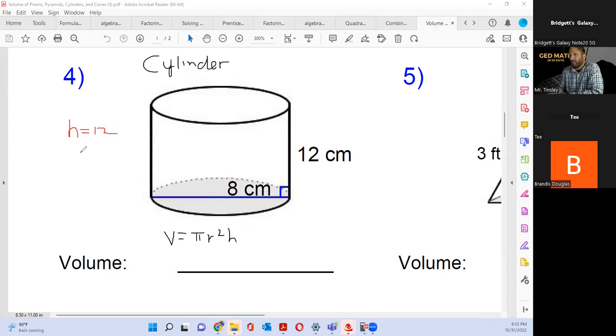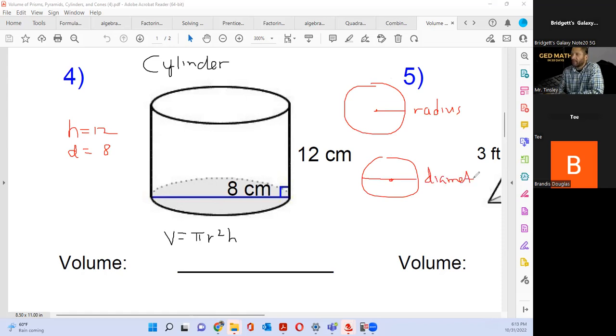That's the diameter. Right. So remember, on a circle, from the center to the edge is your radius. From one side through the center to the other side is your diameter. So if you look at the base of this cylinder, it's a circle.